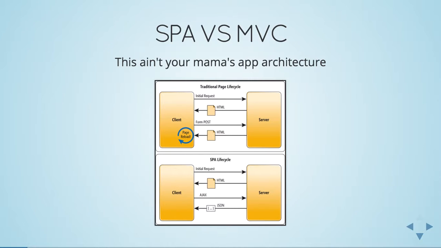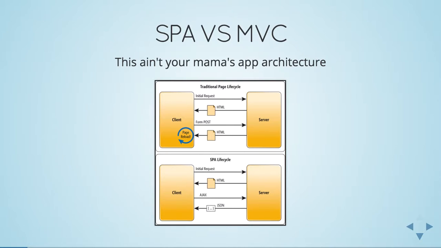With a single page application, your application interacts with a backend server via AJAX requests. So oftentimes there's some sort of a REST API involved. That server returns data, typically in JSON format, instead of returning markup.